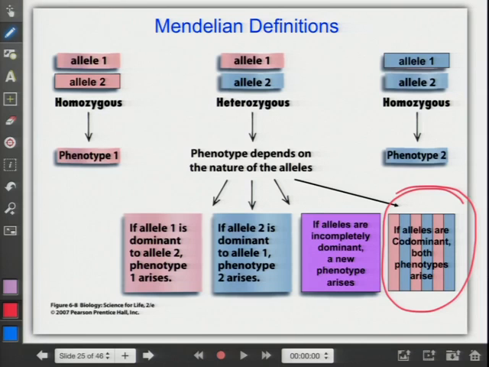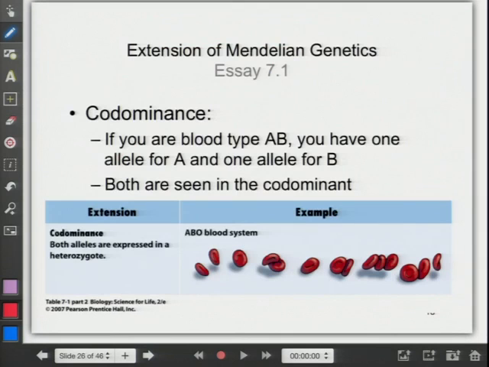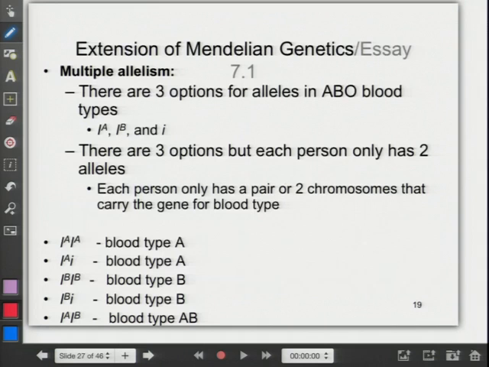But that does provide for more phenotypic variance in our population than just A or B. What are all the blood types that we have? You can be A, you can be B, you can be AB, or you can be O. If we only had 2 alleles, we couldn't have that many phenotypes.